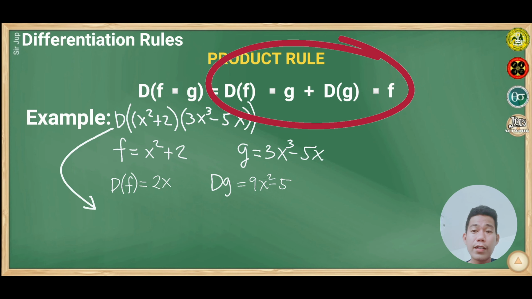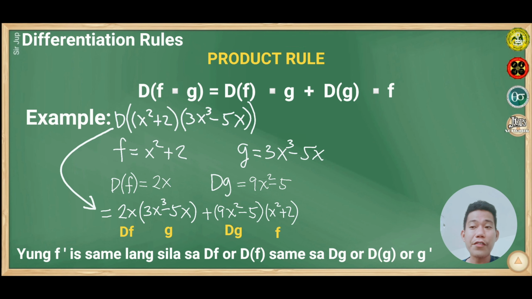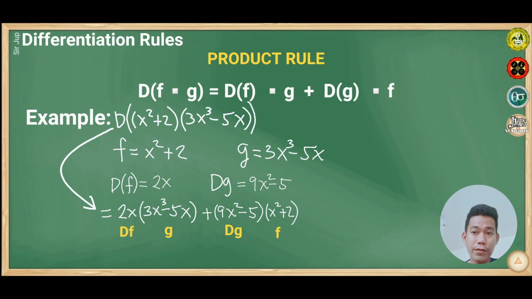Okay, so f prime is equal to 2x times g of x, which is equal to 3x cubed minus 5x, plus g prime of x is equal to 9x squared minus 5 times f of x equals x squared plus 2. So we have this expression. Okay, so simplify.